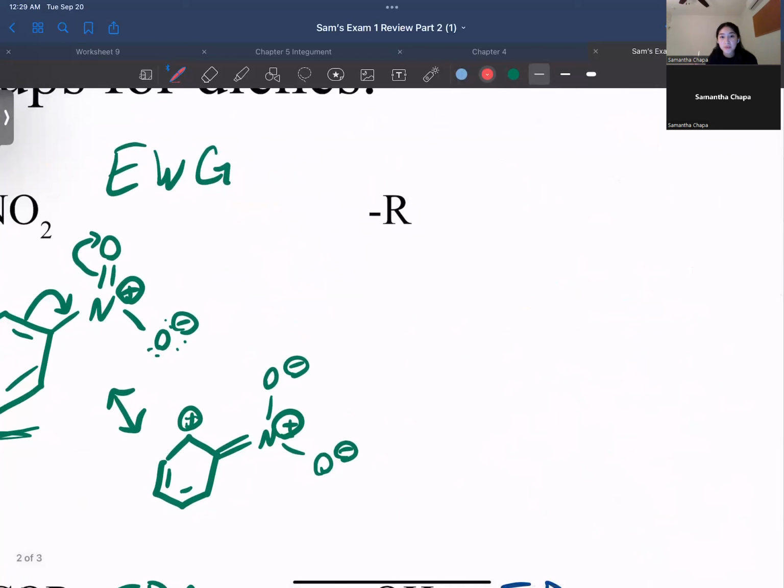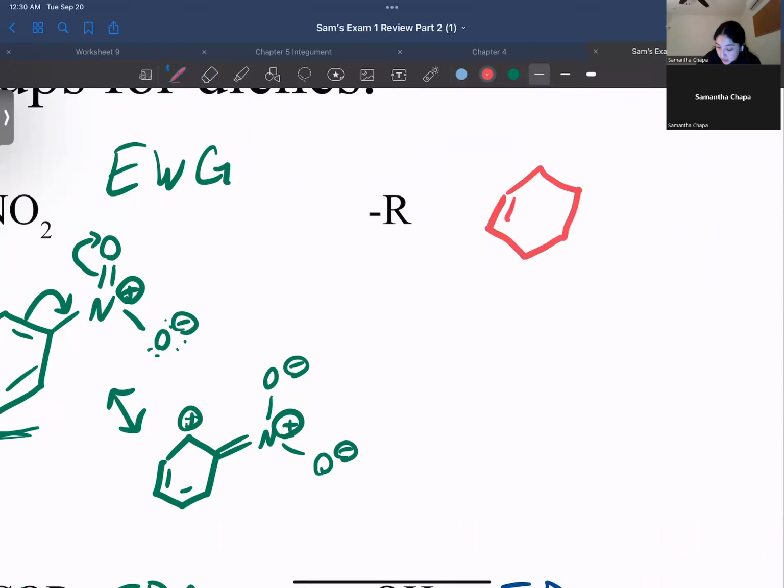For my R groups, like carbon bonds, what you should know about carbon is that it's electropositive. Electropositive is the exact opposite of electronegative. An electronegative atom likes to pull electrons to itself, whereas an electropositive atom, if I'm a carbon, I like to push it away. So if I'm pushing away, I'm donating into my benzene ring. So I'm going to draw my benzene ring derivative.